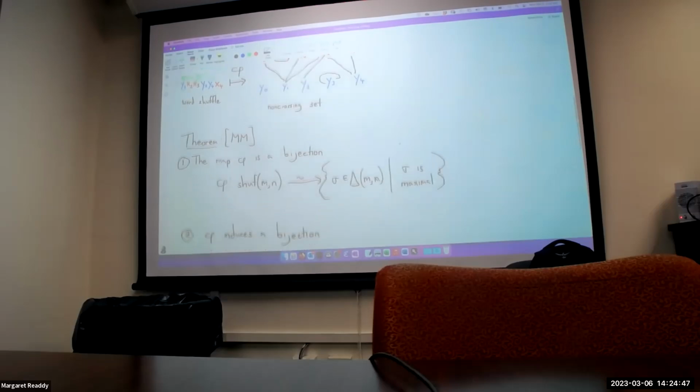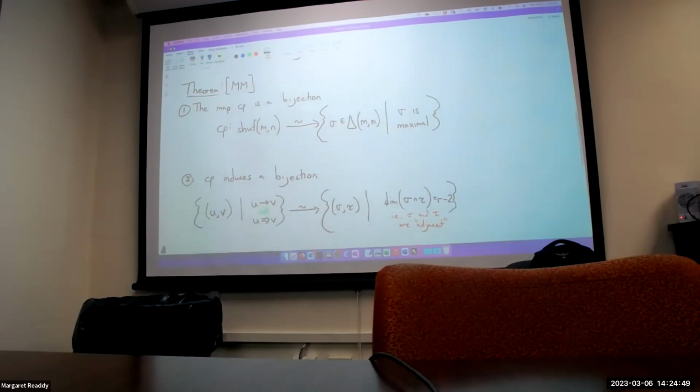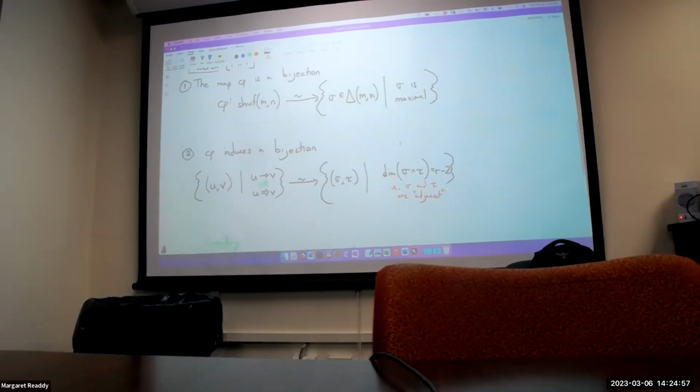So it's something that we proved, that this is a bijection between the maximal faces of this simplicial complex and the shuffle words, and it's a bijection that induces a bijection from the edges in the Hasse diagram to pairs of adjacent facets in the complex.